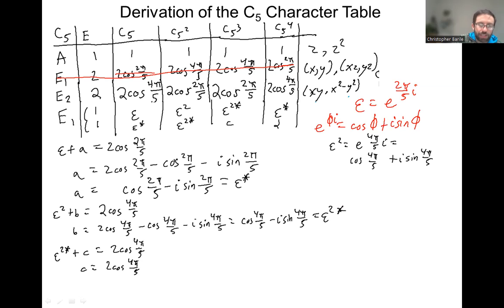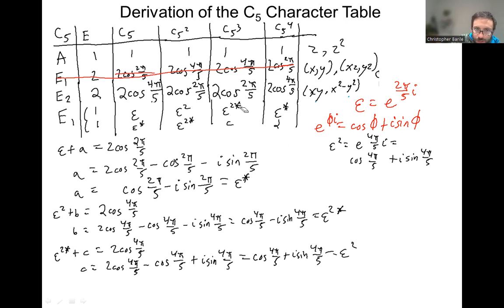We have to subtract the complex conjugate of epsilon squared, which is minus cosine 4 pi over 5 plus now i sine 4 pi over 5, which just equals 1 cosine 4 pi over 5 plus i sine 4 pi over 5, which is what epsilon squared is equal to. So this equals epsilon squared.